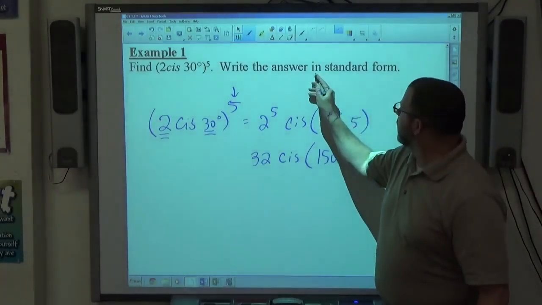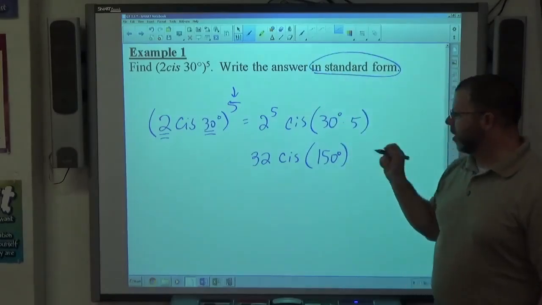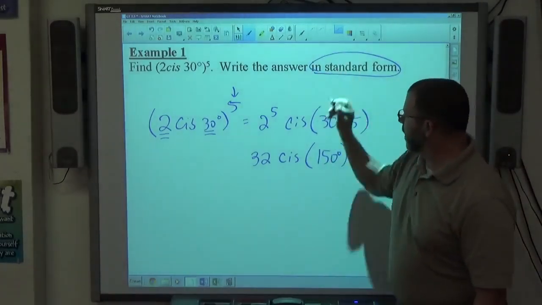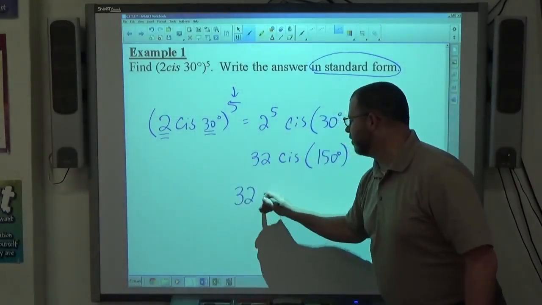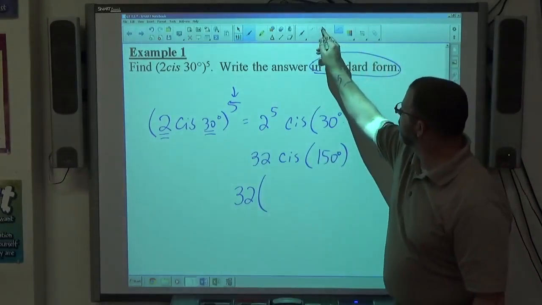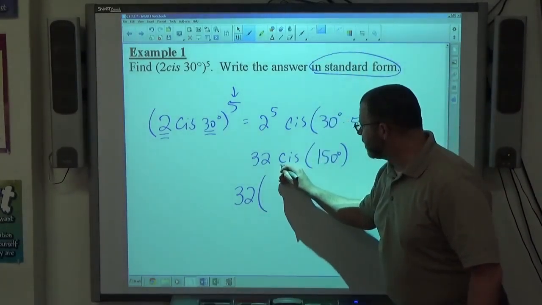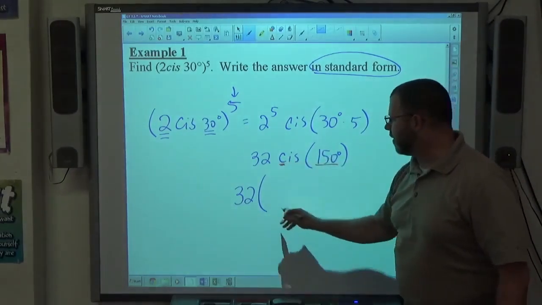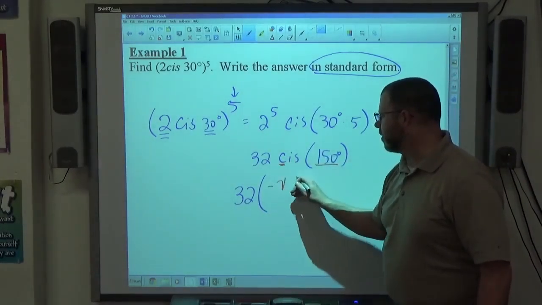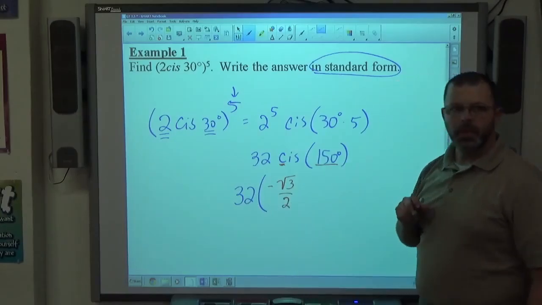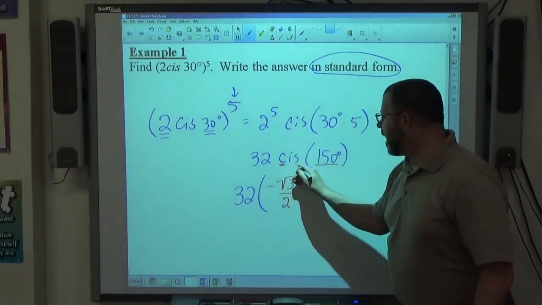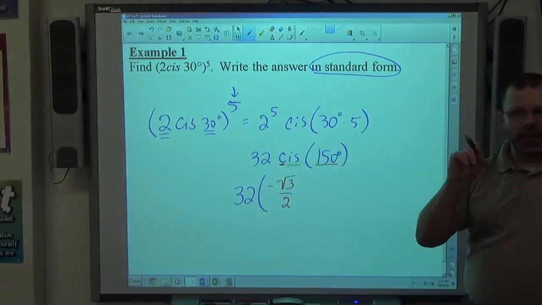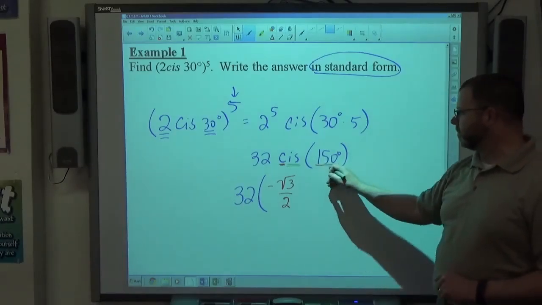It asks, though, for the answer to be written in standard form. So, standard form just means, and I think we've had a little confusion with a few of you, so I want to make sure you know where things are coming from. The C in CIS means cosine of the angle. So cosine of 150 degrees is negative square root of 3 over 2. The IS in the CIS stands for i times sine of the angle.